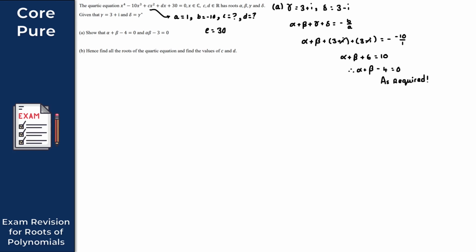Perfect. And let's also derive this equation, alpha beta minus 3 is equal to 0. What we know is that alpha beta gamma delta is equal to e over a.